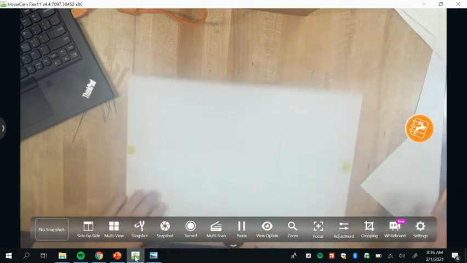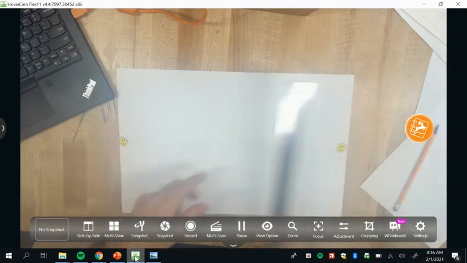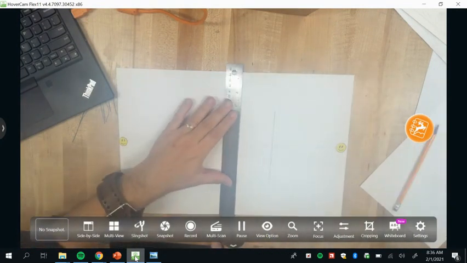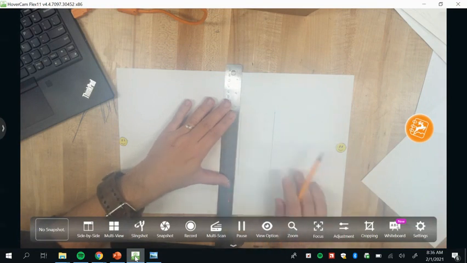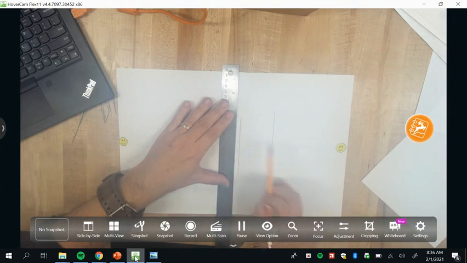If you can't see them, there they are. That's a happy line. Then I'm going to draw a vertical line, and then another vertical line.